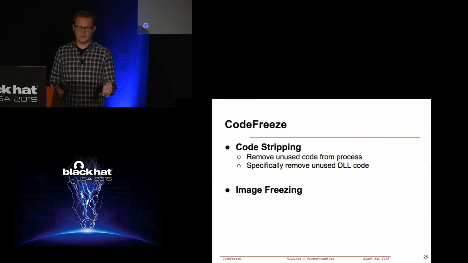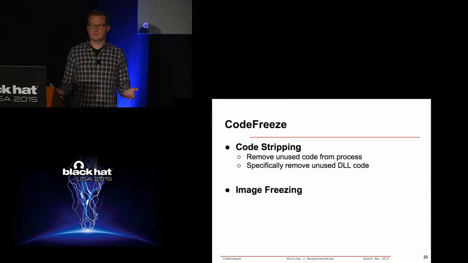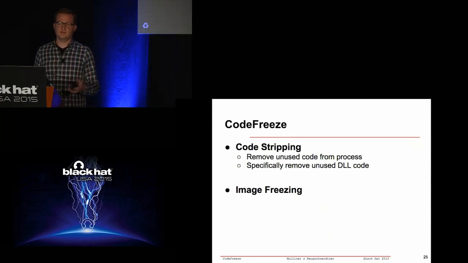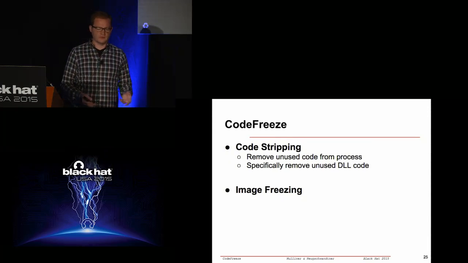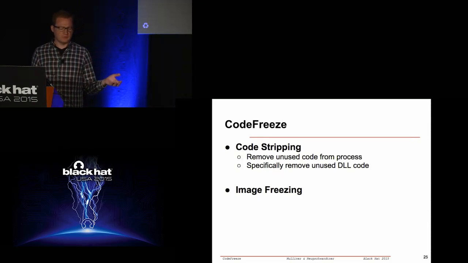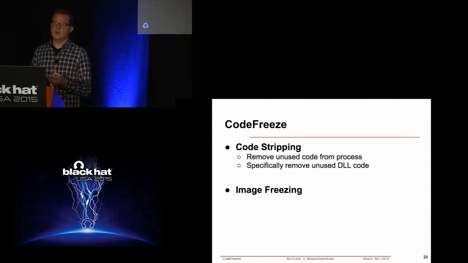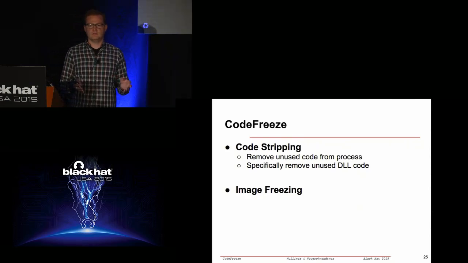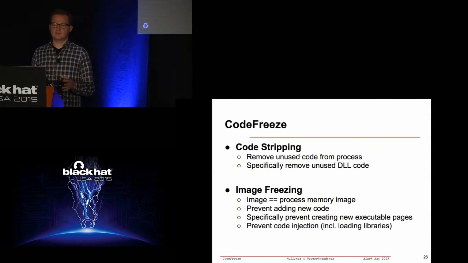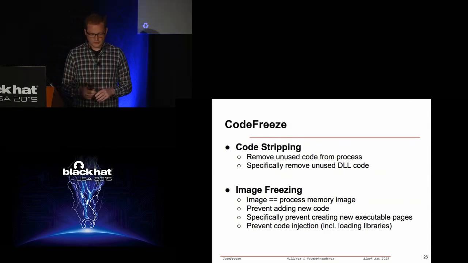And I say process here, not application, because we do everything on the fly in memory only, so we don't modify anything in the application or in the DLLs. Specifically, what we mean by removing code is removing DLL code only. So we don't analyze the actual main application, but we only look at system DLL code.